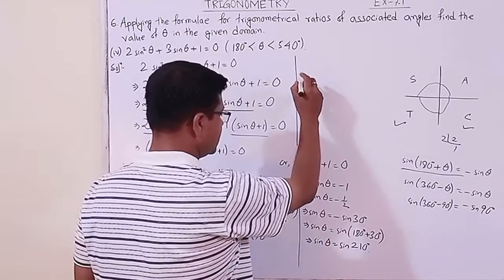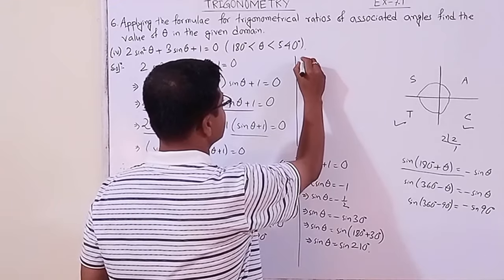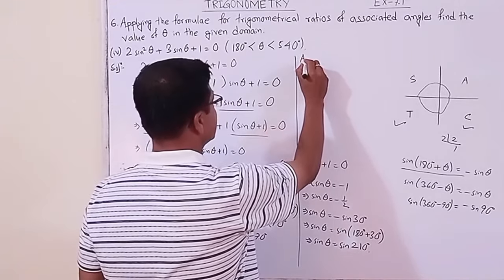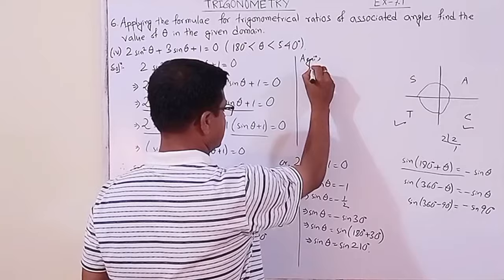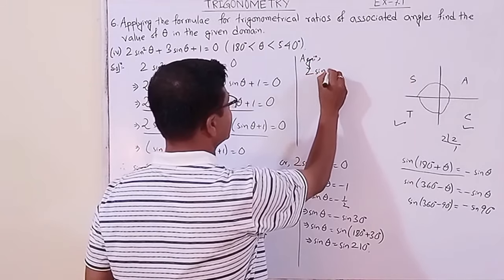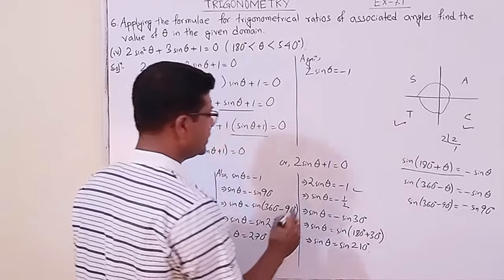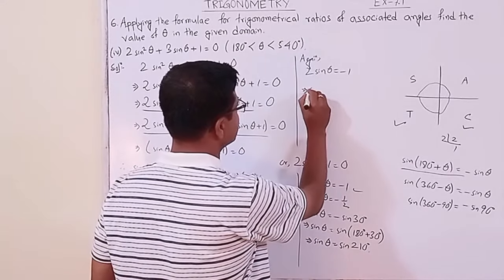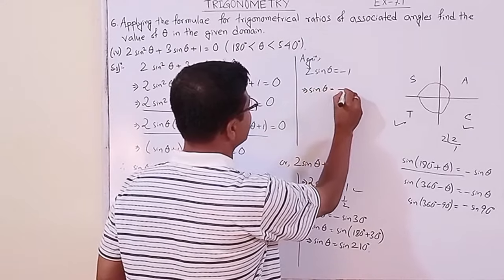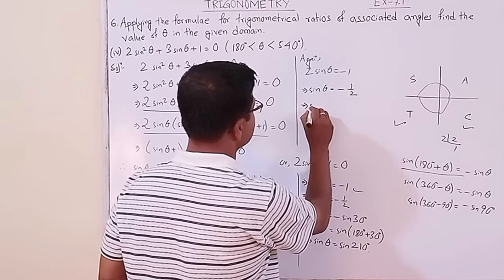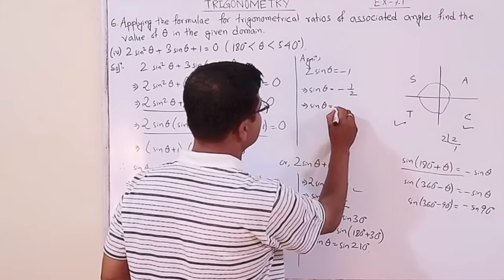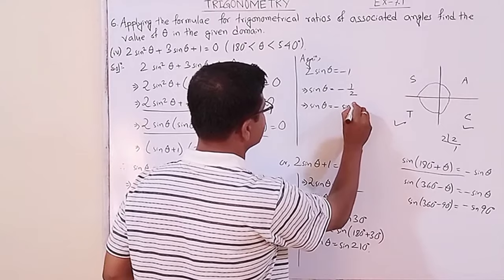Now here, as the space is less, we'll do here. So again, 2 sine theta is equal to minus 1. From here we are starting the next case. 2 sine theta equal to minus 1, so sine theta is equal to minus half. Sine theta is equal to minus sine of 30 degree.